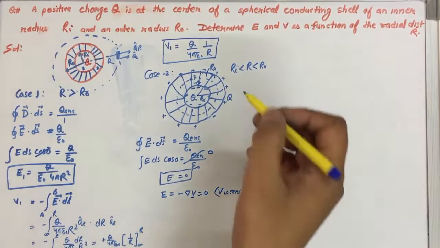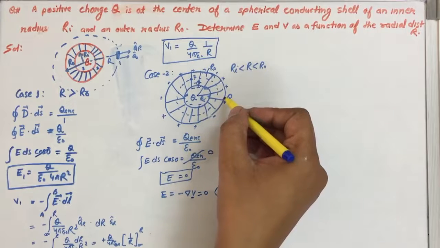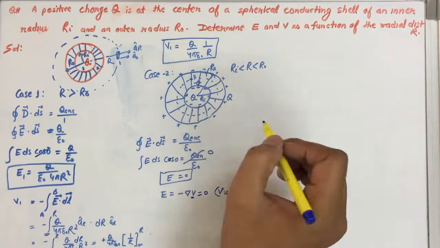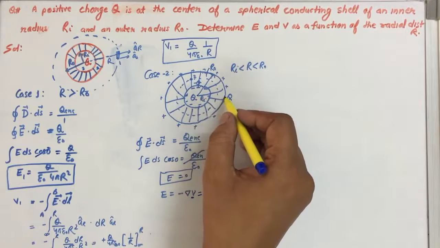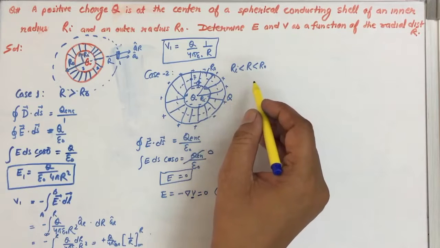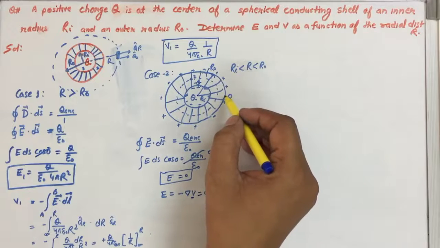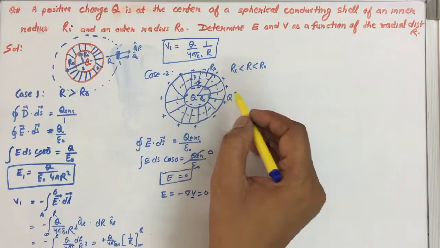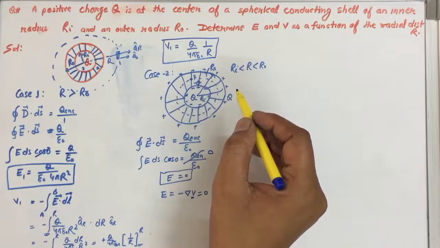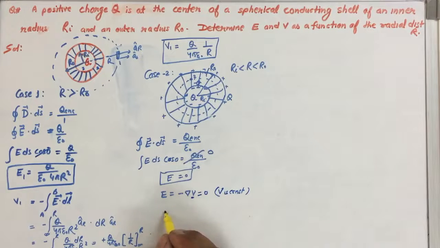Now consider the point of interest just at the surface. So the radius will be R0, and if we are bringing our charge from any R to R0, then what will be V there?